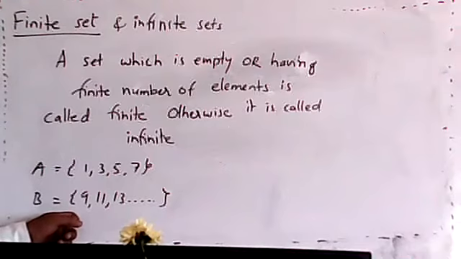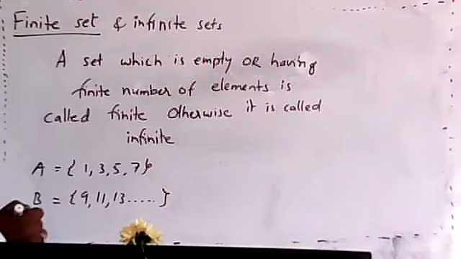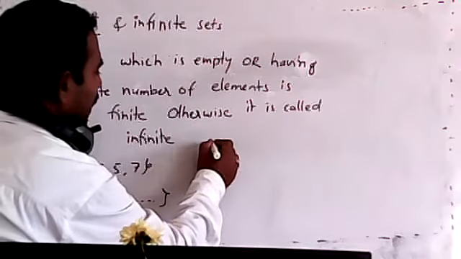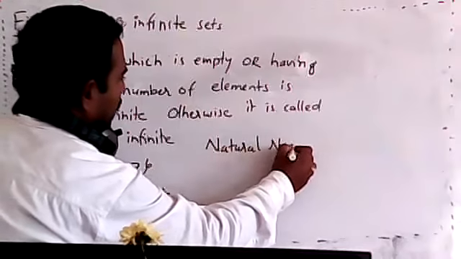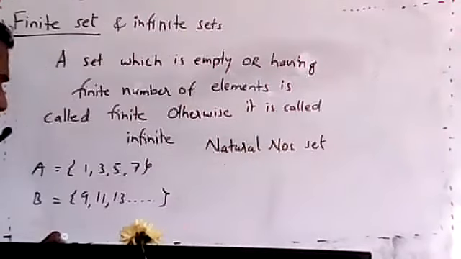Okay, let's see. If I say the natural numbers set, is it a finite set or infinite set? Infinite. If you go on counting numbers 1, 2, 3, 4, and so on, it never ends at all, right? So it is an infinite set.